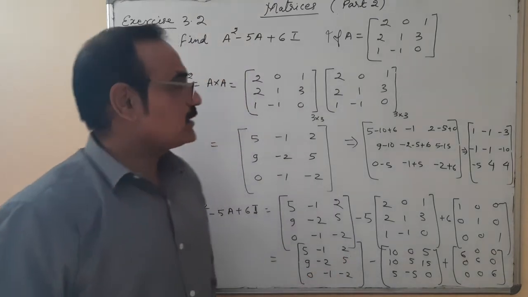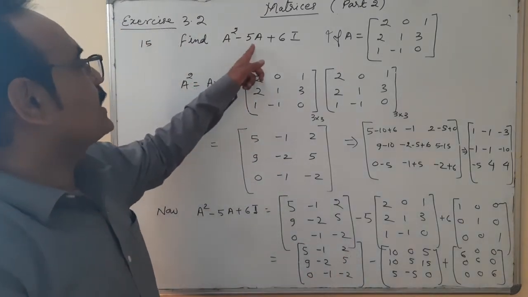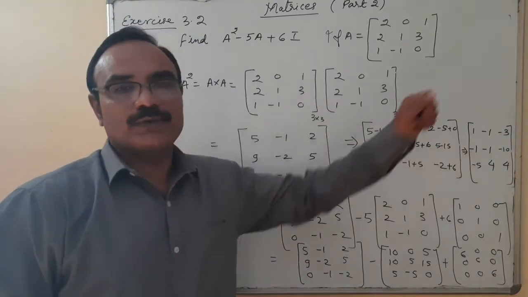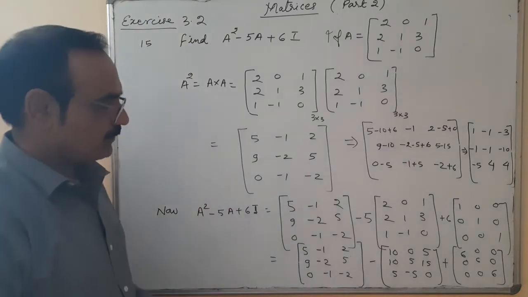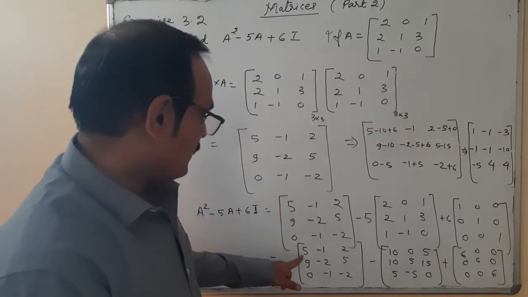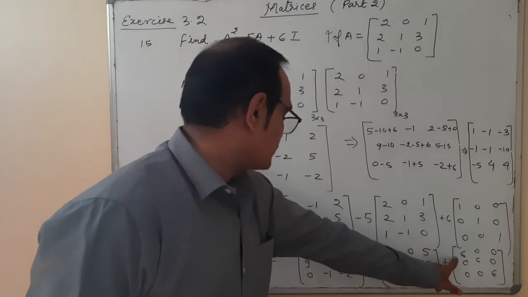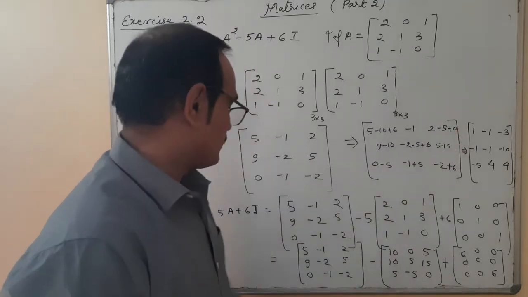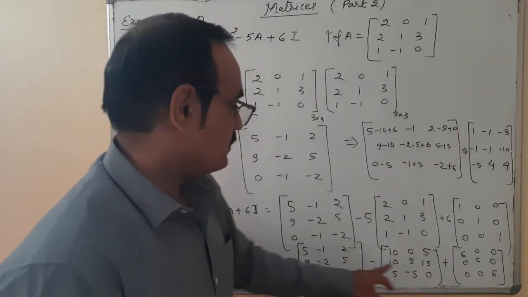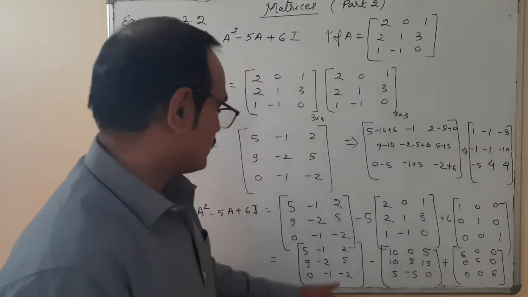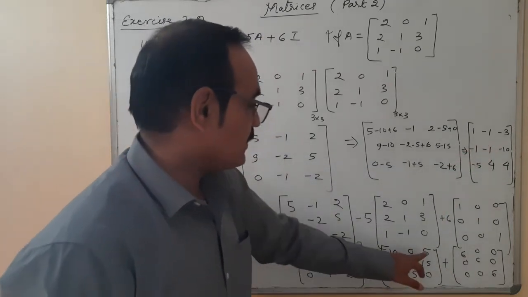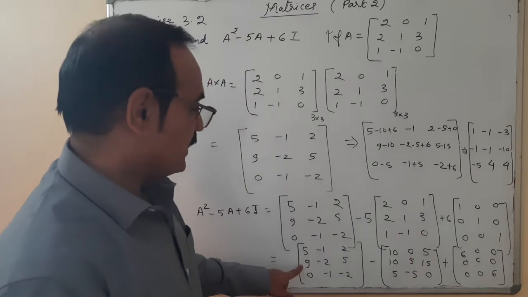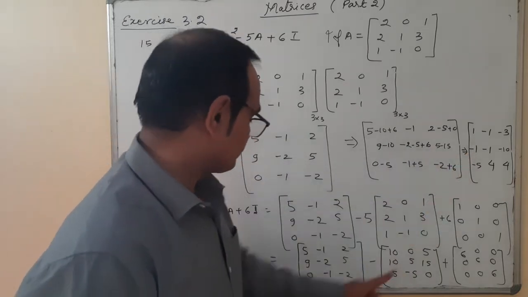So that is the answer. They are asking to find the value of A squared minus 5A plus 6I, which is equal to this. Okay. So you can see 5 minus 10 plus 6, 6 plus 5, 11 minus 10, 1. Minus 1. Third part, 2 minus 5, minus 3. After that, 9 minus 10, minus 1.